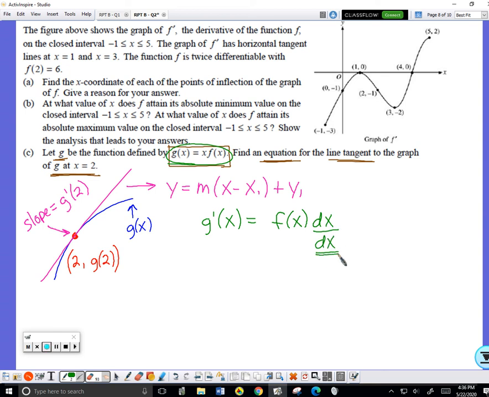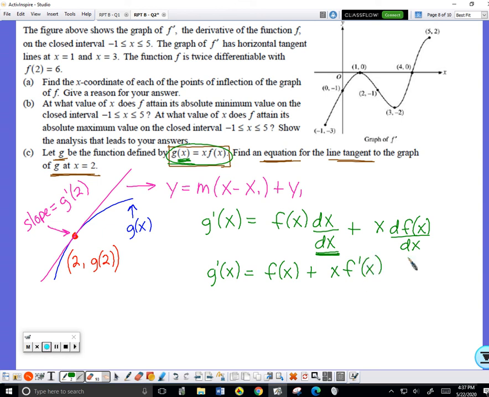Again, the dx on the bottom is because the input variable of g, which is what we are taking the derivative of, is x, plus the second function, oops, other way around now, first function times the derivative of the second. So g prime of x is equal to f of x, dx over dx is 1, plus x times f prime of x.